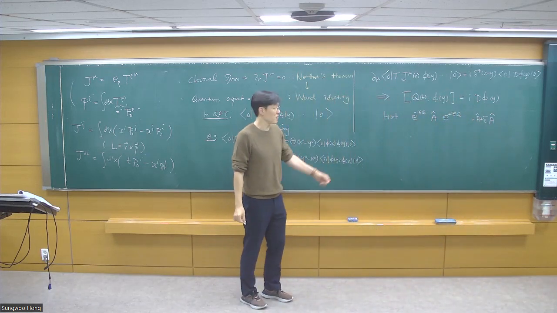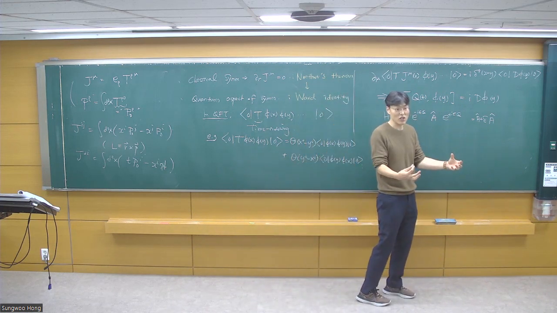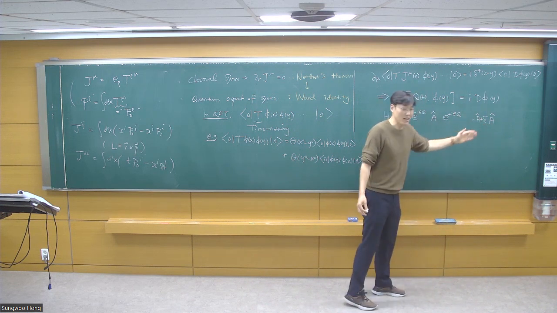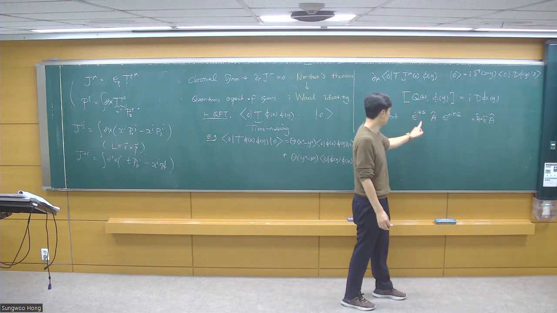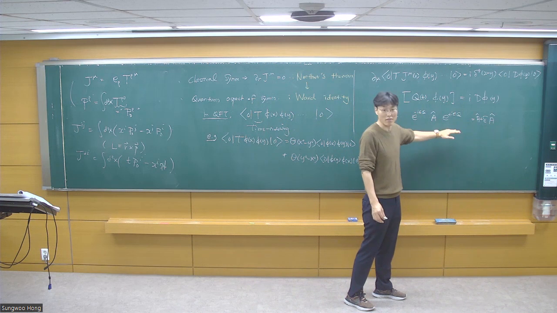Okay? So you have seen something like this, right? There's something acted by adjoint transformation that is the transformed operator. If you expand this to linear order in epsilon, you should get an equation that looks like this. Right? If you haven't seen this, just work it out after the class.